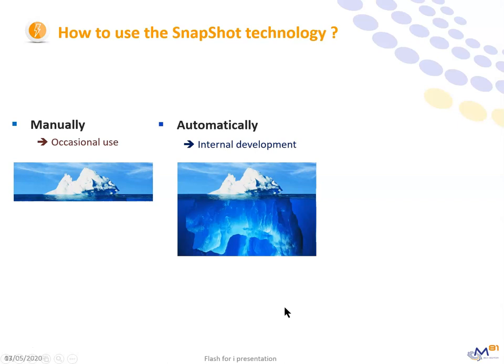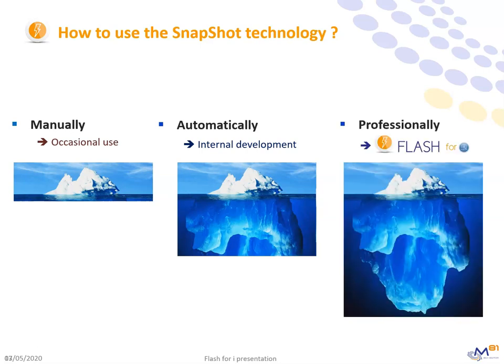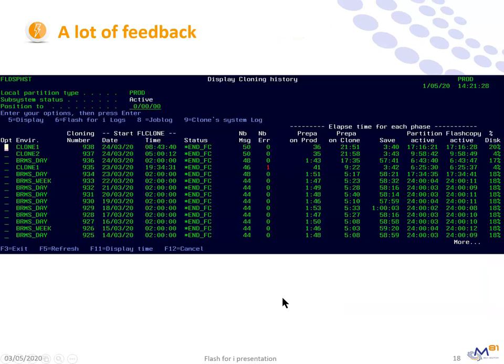If you want to make it automatic, a few programs can do the job. But there are many hidden things, so the professional way to do it is to use Flash4i. Flash4i provides a lot of feedback information: internal log, system log, job log of the job that ran the backup, and even your specific files if you need.